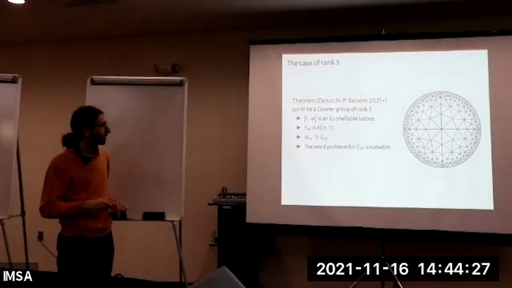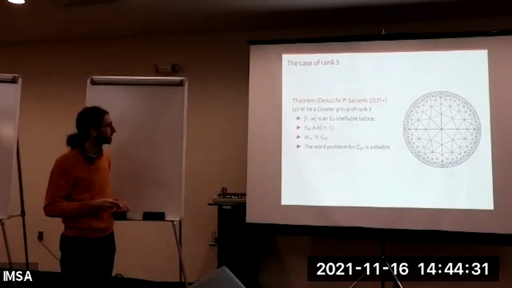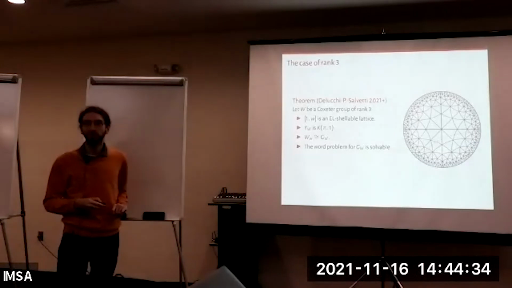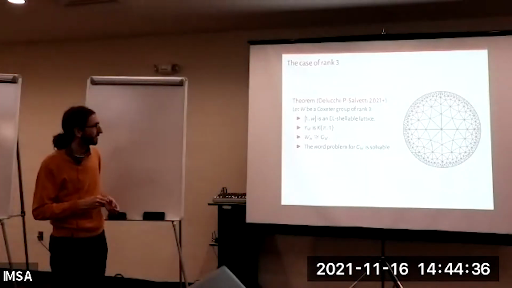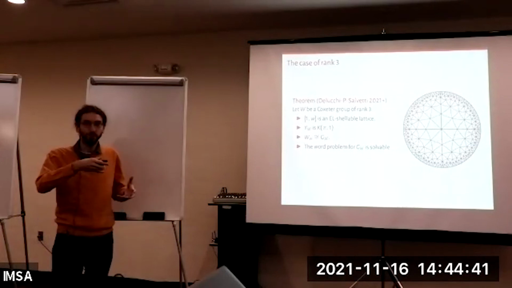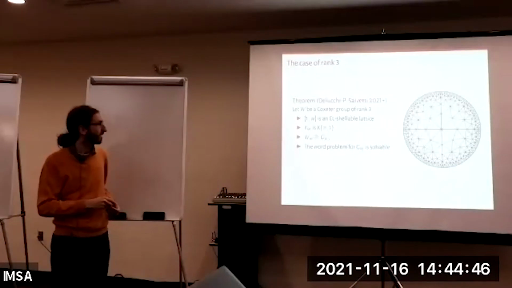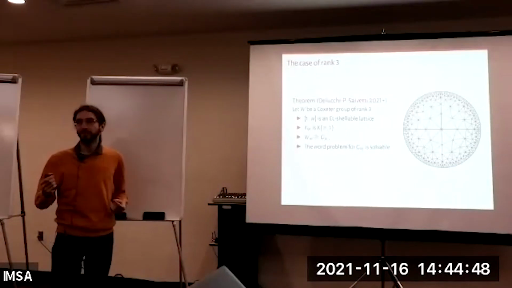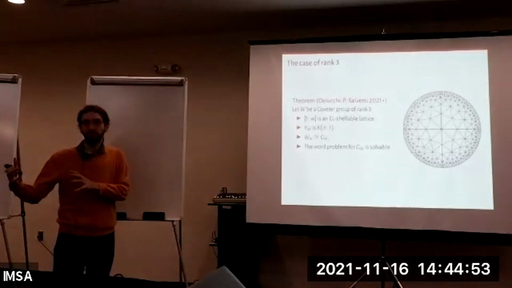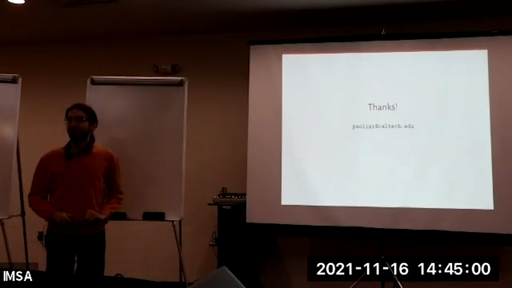And also a solution for the word problem, that's supposed to be new. Because this case is Garside. So the dual Artin group in rank 3 has a Garside structure. The point is that we prove that it is isomorphic to the standard one. And then we can use the dual Garside structure for the standard one. That's it.